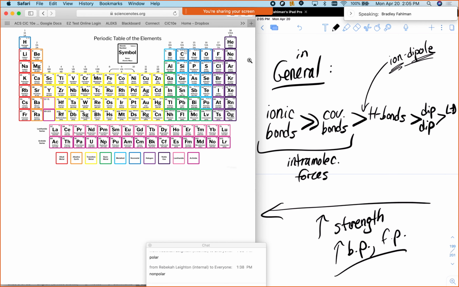So a lot of material, I know, I covered today. On Wednesday, we will look at applications for this. We're going to look at what types of molecules have hydrogen bonds, or these other dipole-dipole and London dispersions, and then look at how that affects their properties. Any questions?